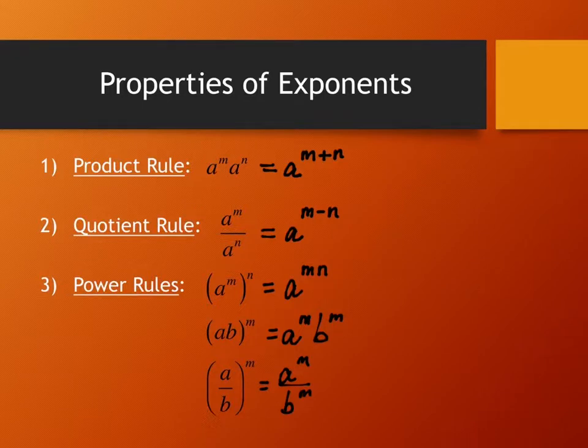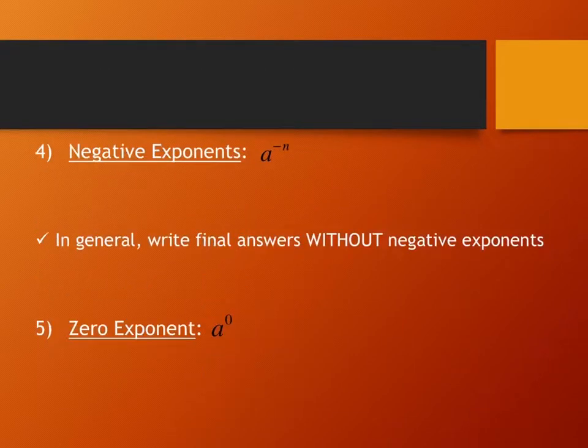These are the 5 most basic properties that we use. There are 2 others we're going to use as well. They don't come up quite as frequently, but they do crop up on occasion, one of them more than the other. So the first one says, what happens when you have negative exponents? Does anybody remember how negative exponents are dealt with?